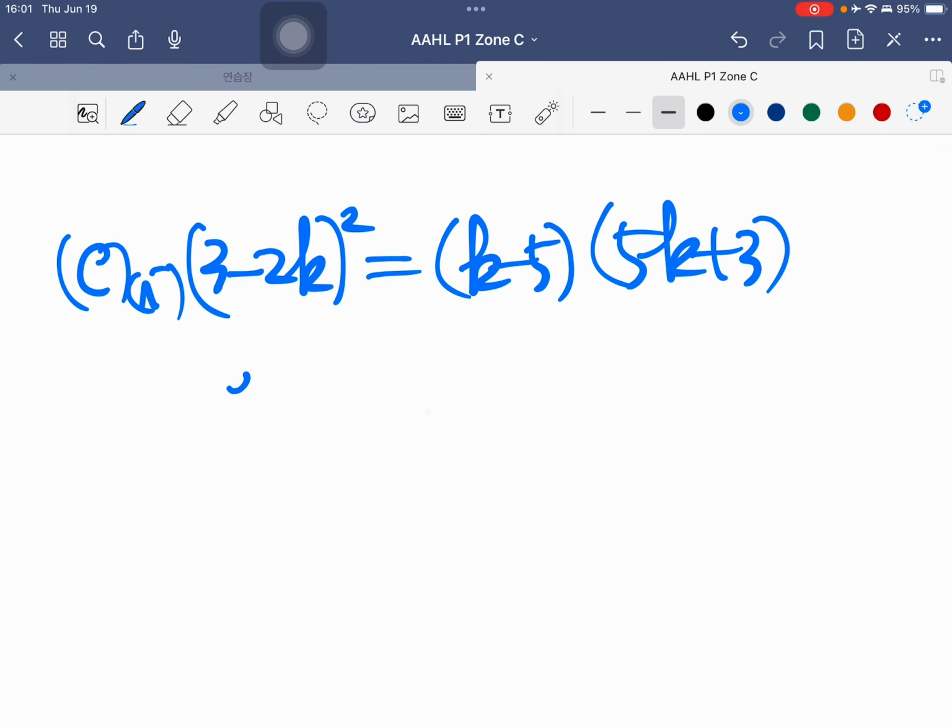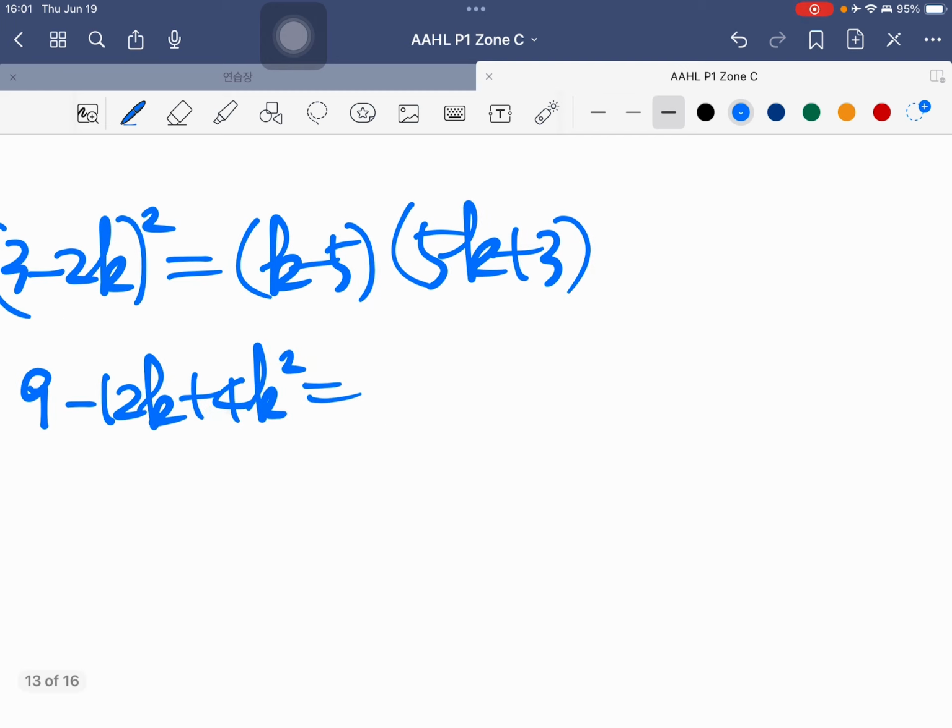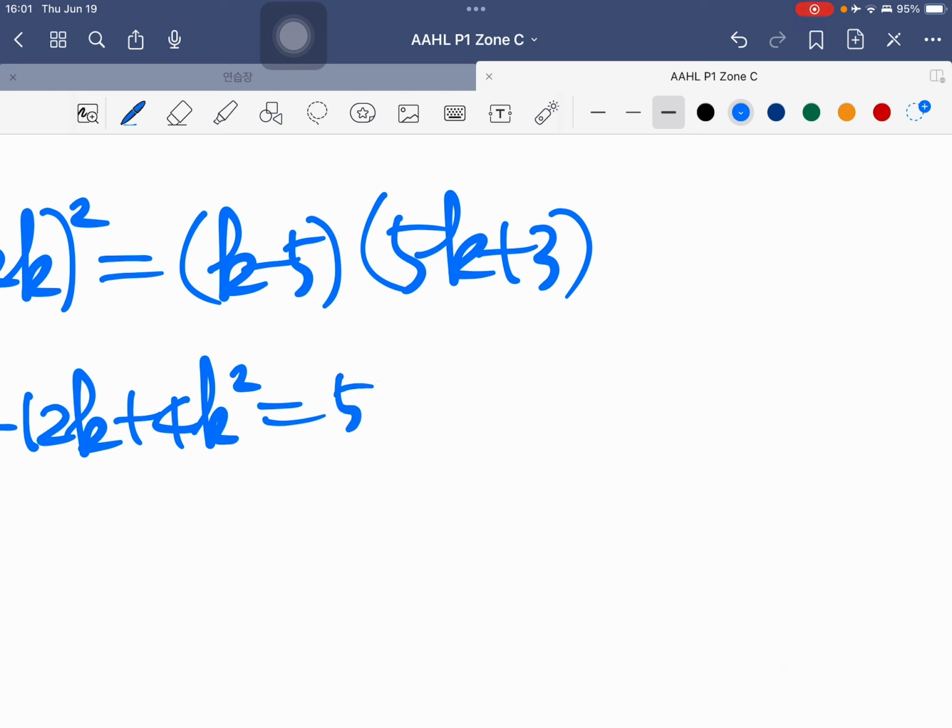We get 9 minus 12k plus 4k squared. Expanding the right hand side, we get 5k squared plus 3k minus 25k minus 15, so it's going to be 5k squared minus 22k minus 15. This must be true.